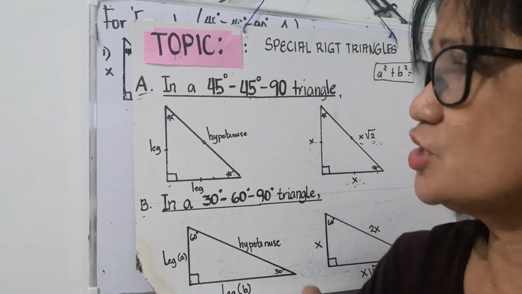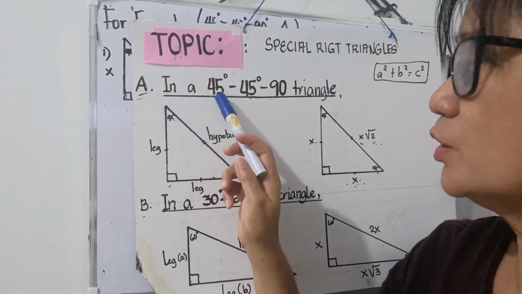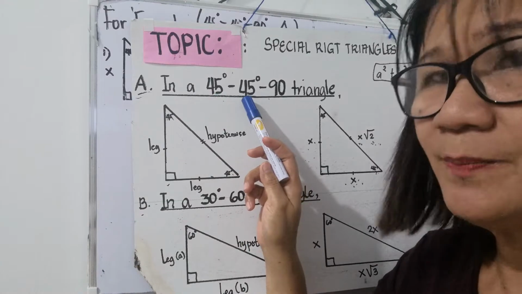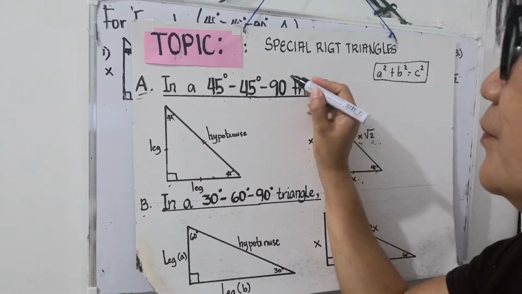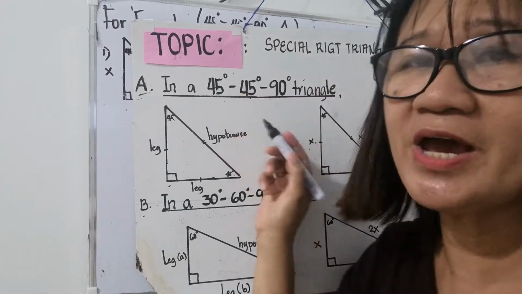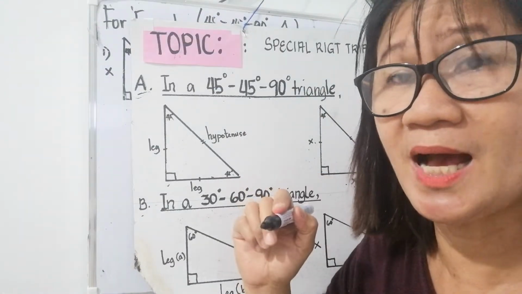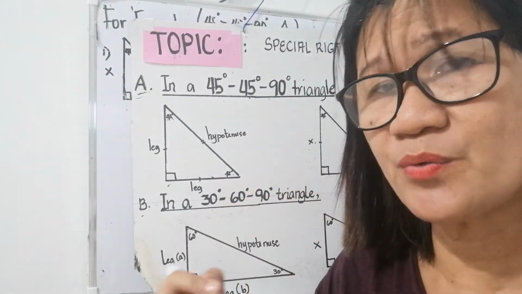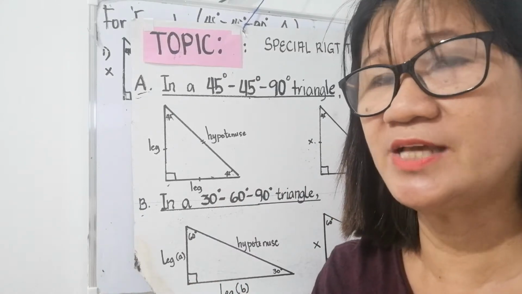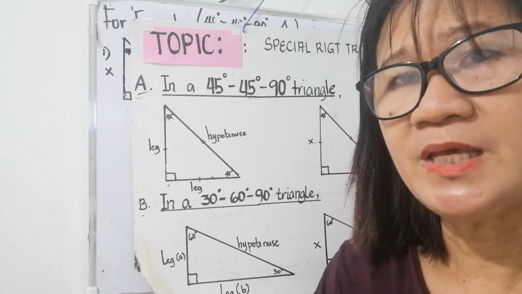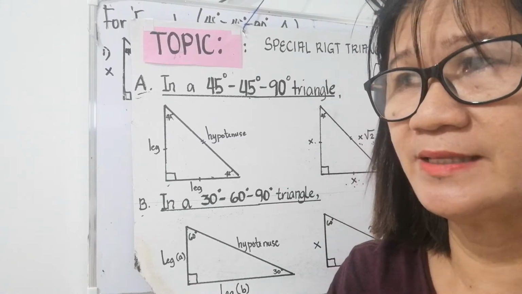The special right triangles are the 45 degrees, 45 degrees, 90 degrees triangle. This triangle is also known as the isosceles right triangle. No? Kung naalala nyo yung definition ng isosceles, it has two congruent sides.